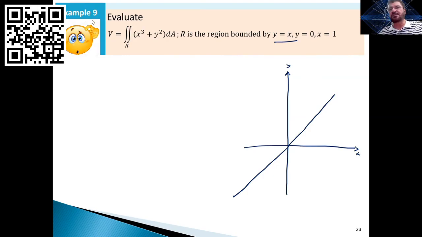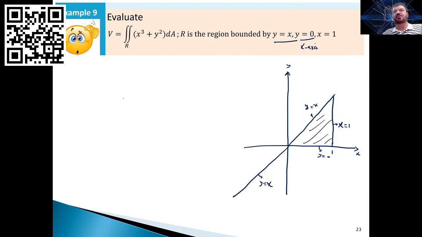Here it is, y equal to x. I'm going to put it on the side so as not to mess up the graph. Y equal to 0, we know this is the x-axis. And x equal to 1, suppose this is 1. So here is x equal to 1. Where is the region? This is the region.